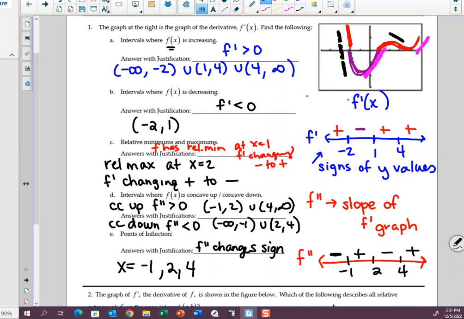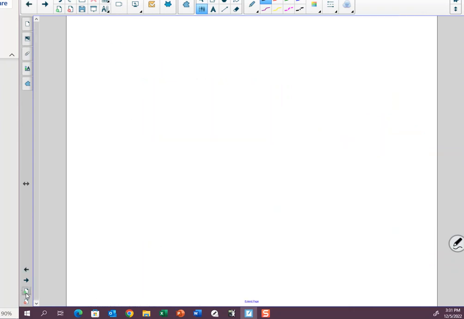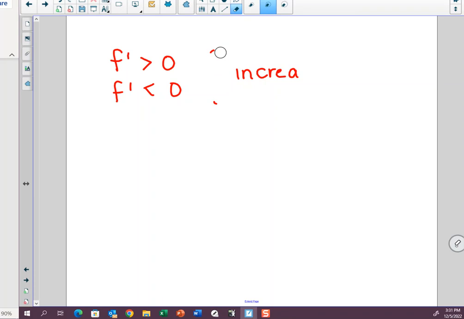If you still haven't mastered what different information you get from f prime or f double prime, actually I'm going to put this on a different screen altogether.